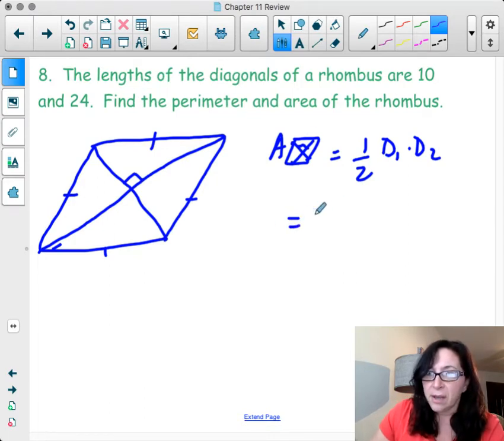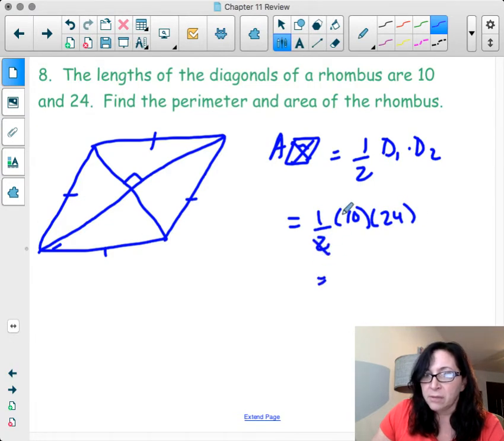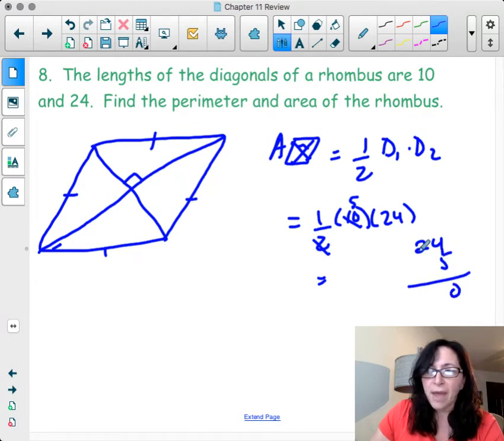So we just say 1/2 times 10 times 24. 2 goes into 2, times 5 times 24. So that's 24 times 5. 5 times 4 is 20, 10, 11, 12. That's 120 units squared, my area of my rhombus.